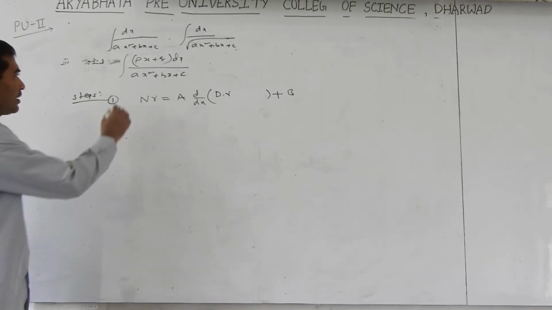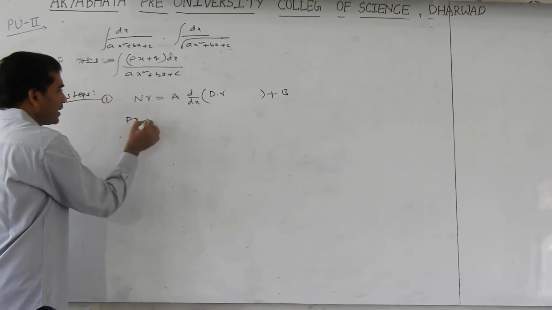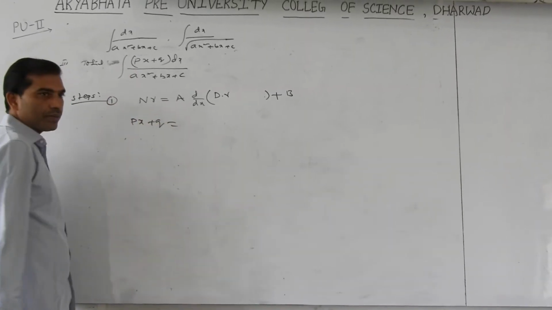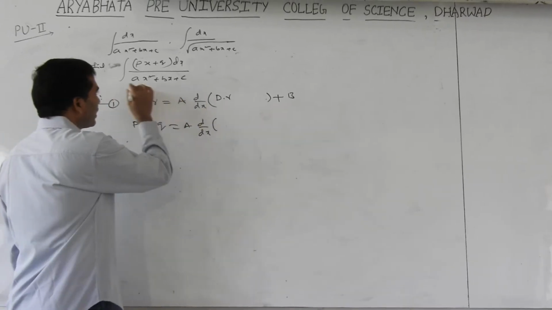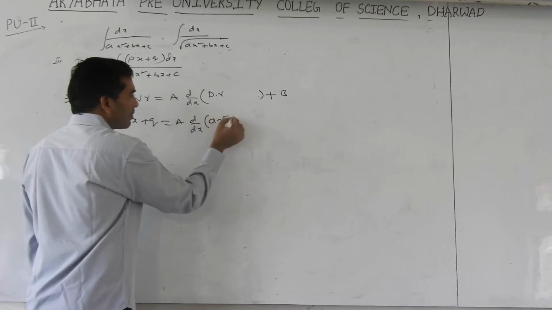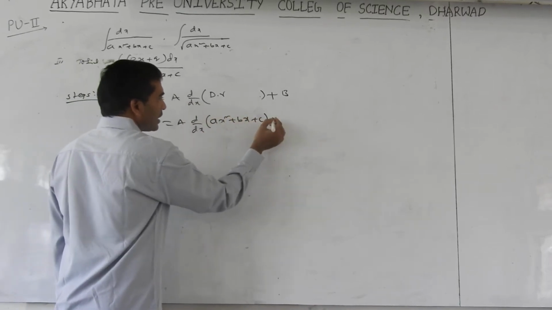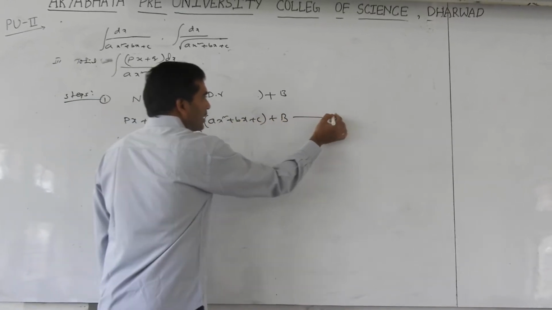Tell me the numerator. Numerator px plus q equals A into d by dx of denominator ax square plus bx plus c, plus constant B. This is the first step.